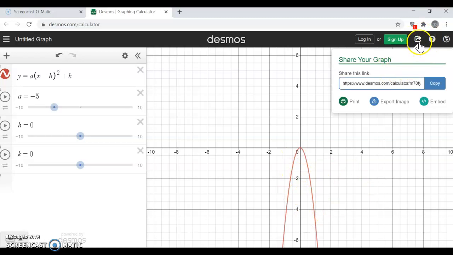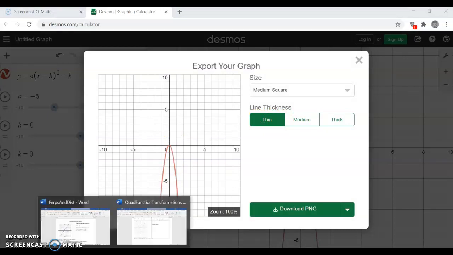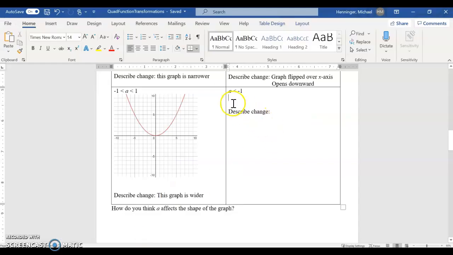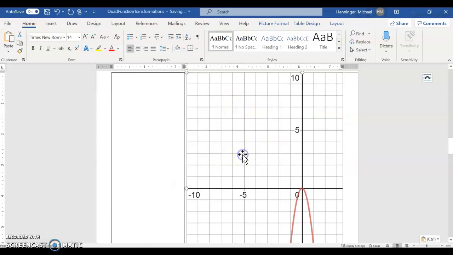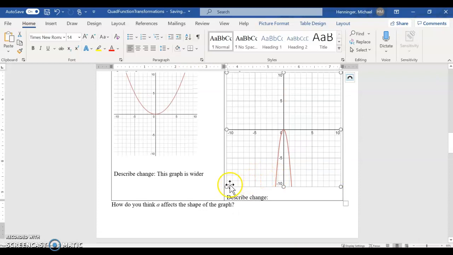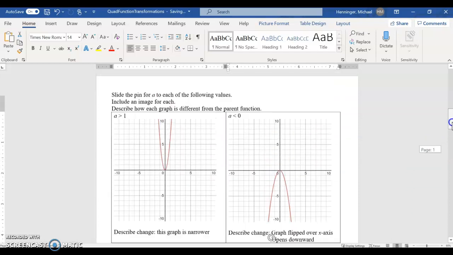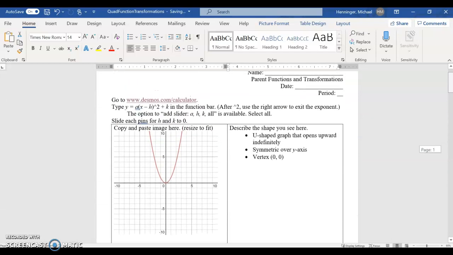So I'm going to share, export the image, right click on it, copy the image, come back to the Word document, Control V, paste that image. Now again, it's way too big. Grab one of those nodes and shrink it down. Okay, and think about how this graph is different from the original.